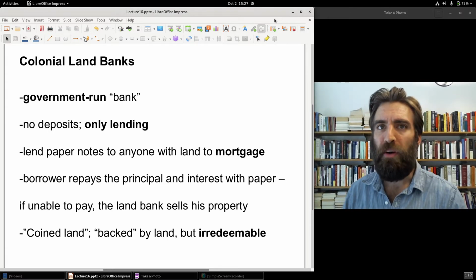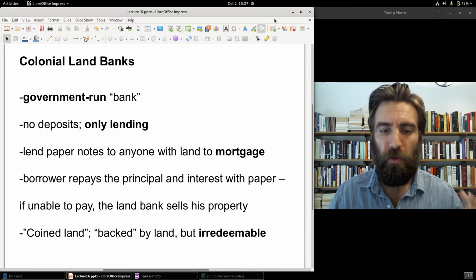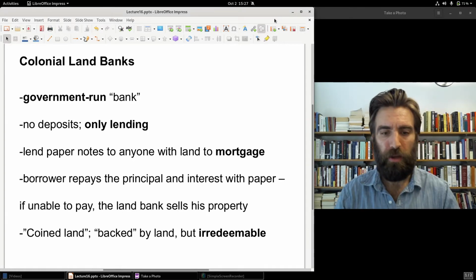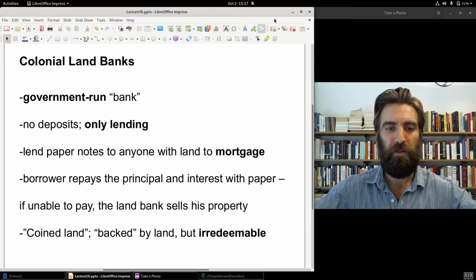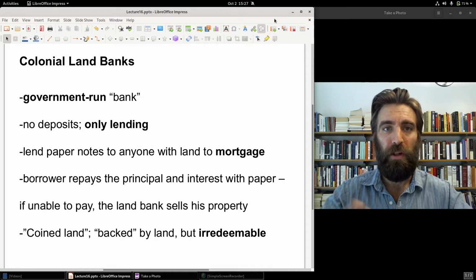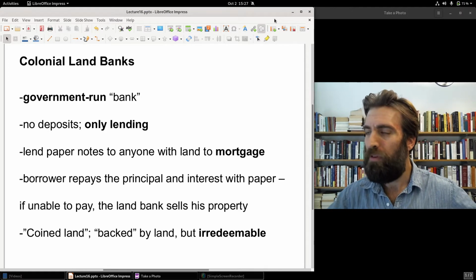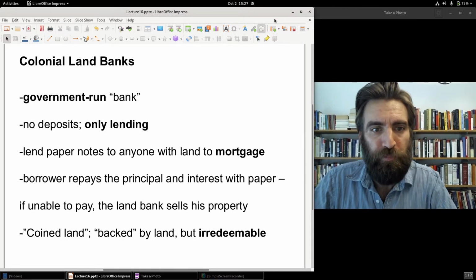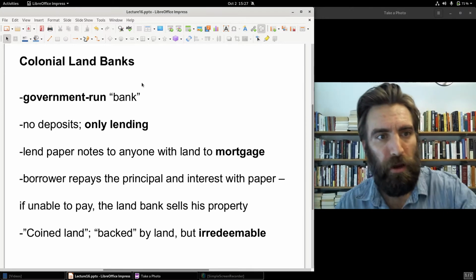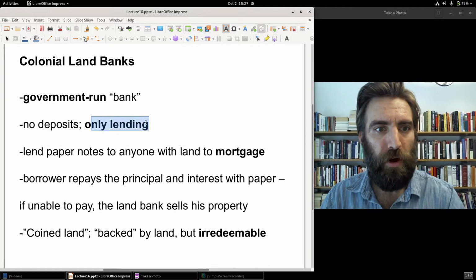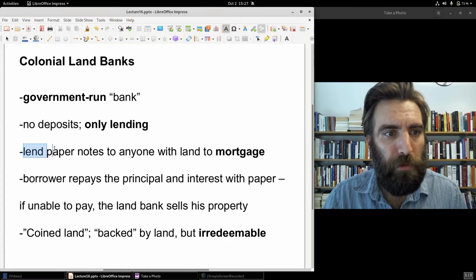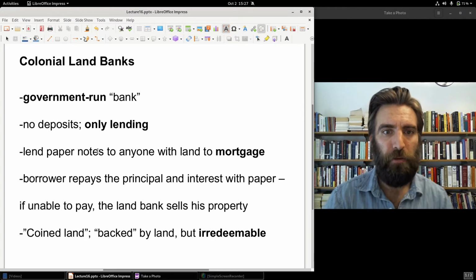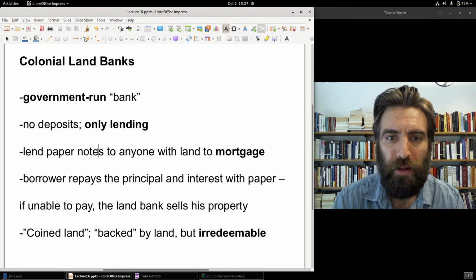Moreover, these were not run privately, but were run directly by the government. So the colonial legislature would decide, okay, let's establish this land bank, and this land bank will lend out 30,000 pounds of paper currency. So the bank is government run, only involved in lending, and it lent paper notes to anyone that had property, usually land, to mortgage.